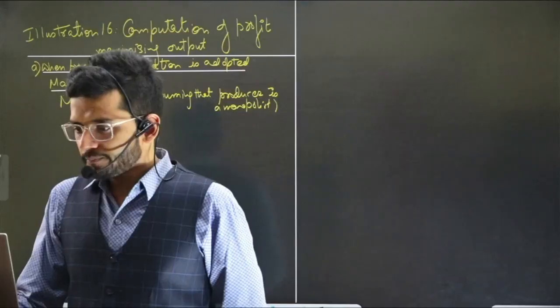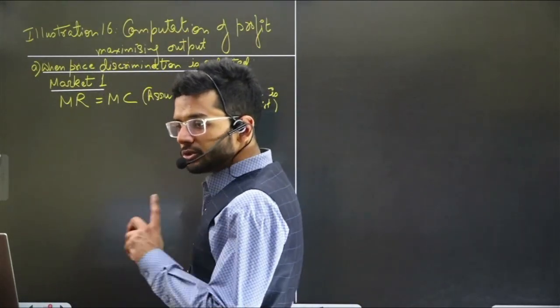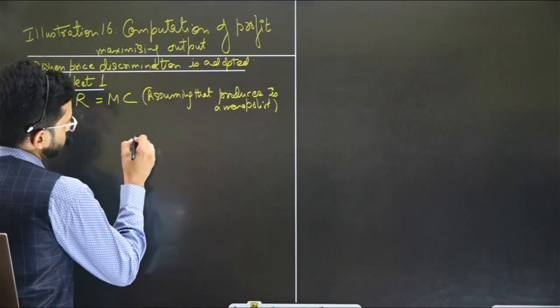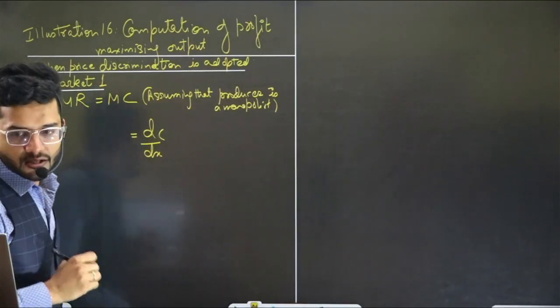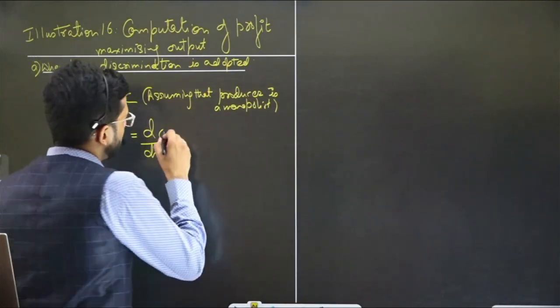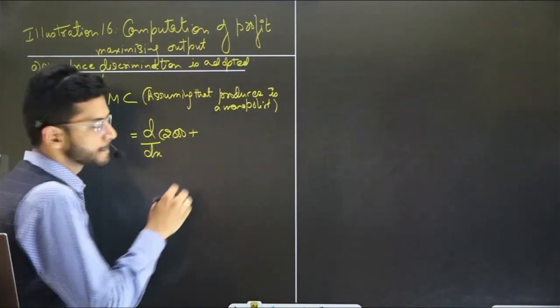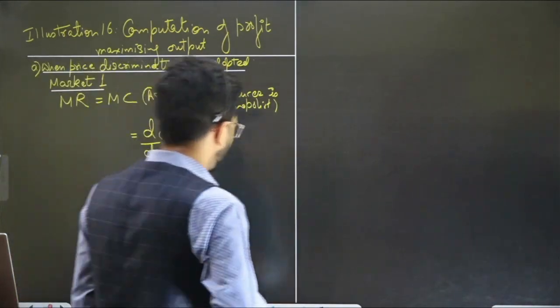Now let us see what is the revenue and what is the cost. So the revenue is given by Q is equal to 21 minus 0.1 P1. Okay. So first of all, we are going to differentiate the cost. What is the cost function? Cost function is 2000 plus 10Q.